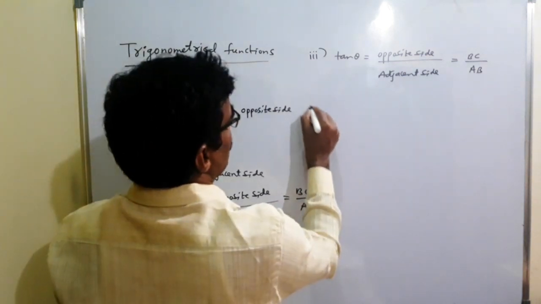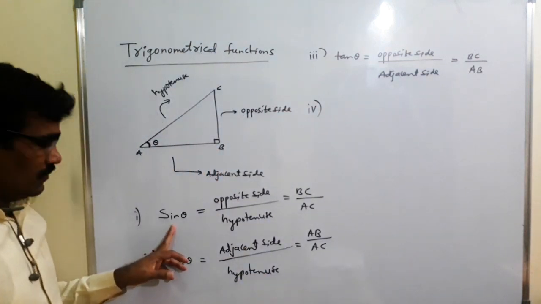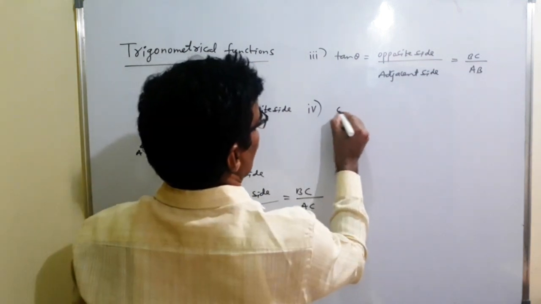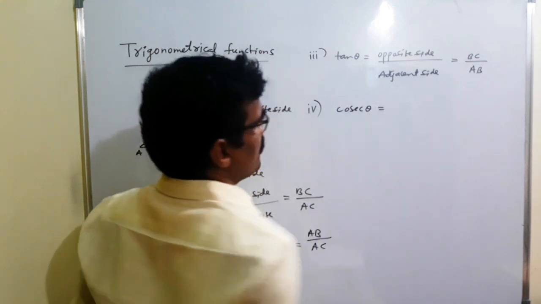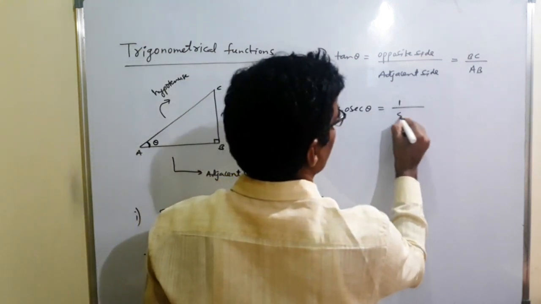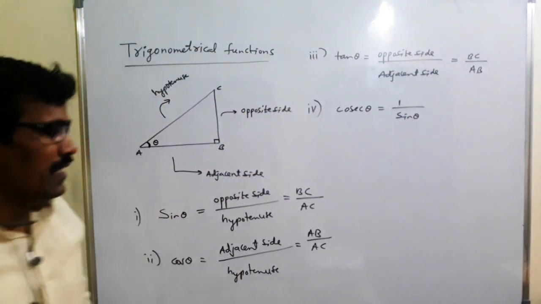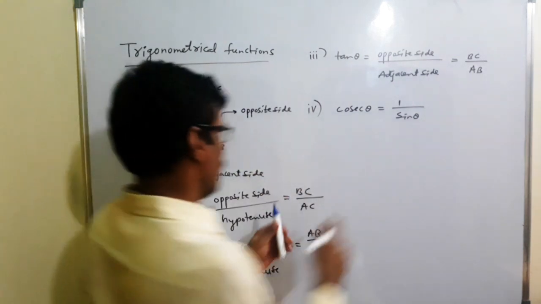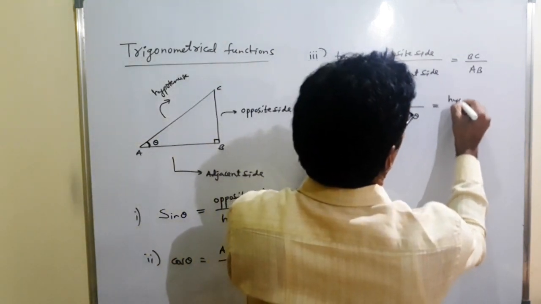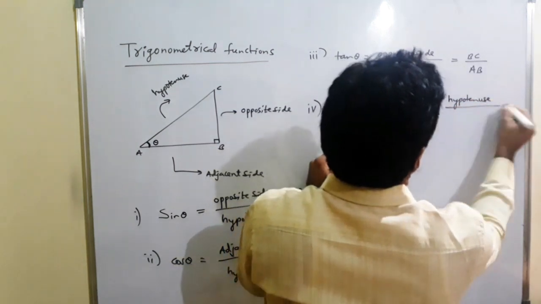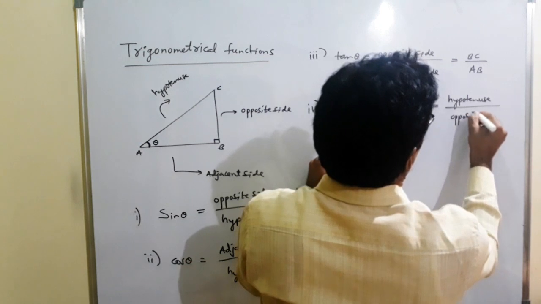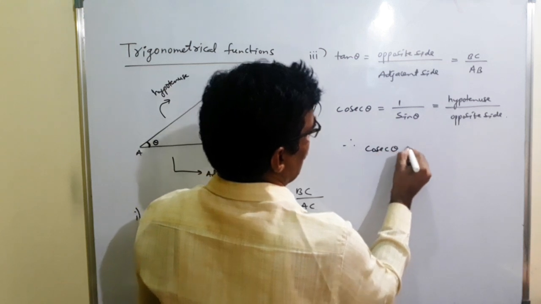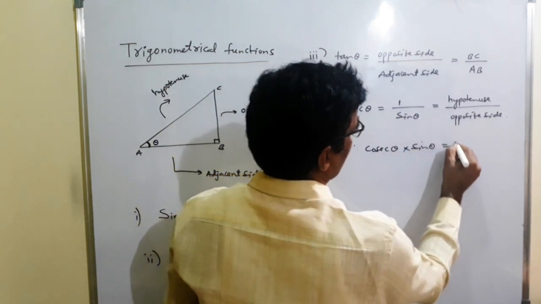So next one, reciprocals of sin theta, cos theta, tan theta. Reciprocal of sin theta is cosecant theta. Cosecant theta equal to 1 by sin theta. Sin theta is opposite side by hypotenuse. Cosecant theta, hypotenuse by opposite side. Therefore, cosecant theta into sin theta is equal to 1.